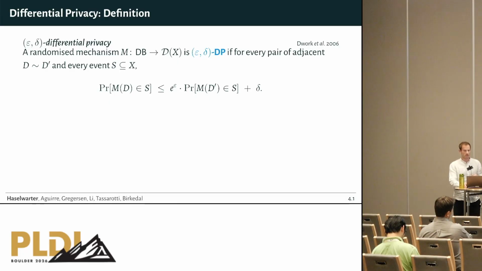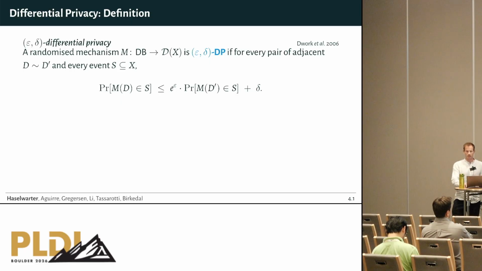And we already saw the mathematical definition in the last talk, but here is the version that also includes the delta. So it says that for any outcome S that we might observe, the ratio of the probabilities on d and on d prime should be bounded by this exponential factor e to the epsilon.